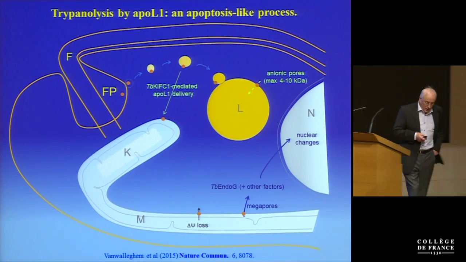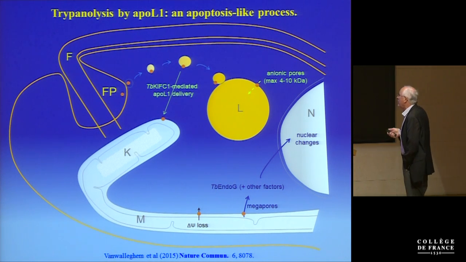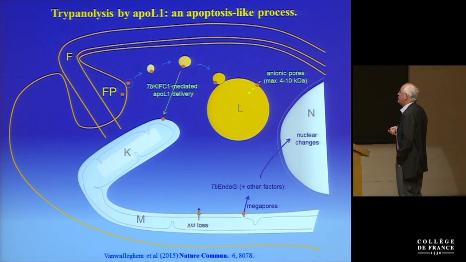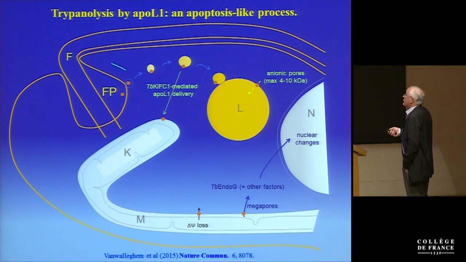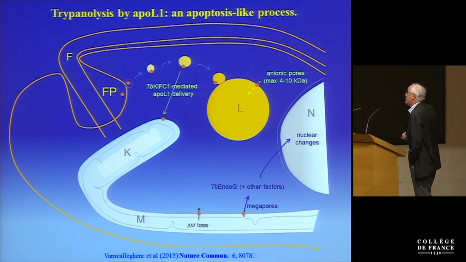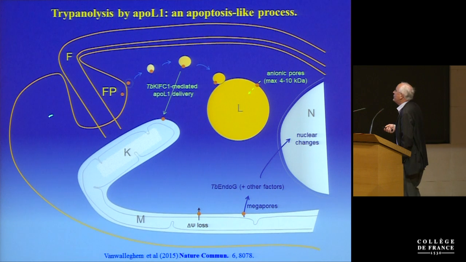And the way ApoL1 actually kills the trypanosome in vivo is summarized in this slide. So, this is the mouth of the parasite, the flagellar pocket. The HDL particles enter the parasite through binding to the HB receptor.